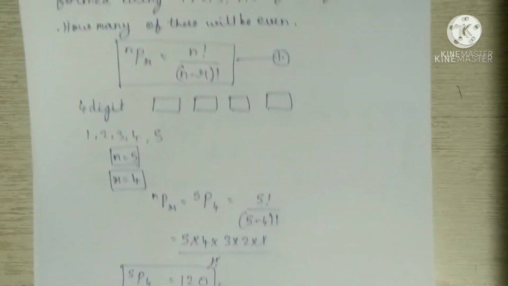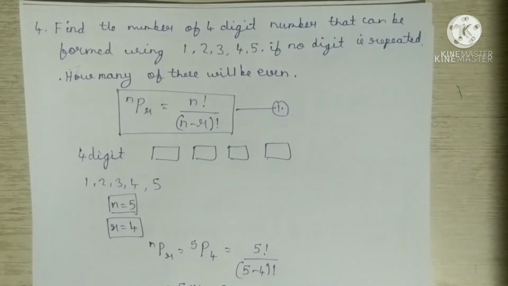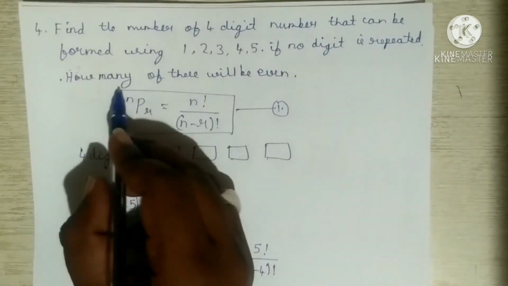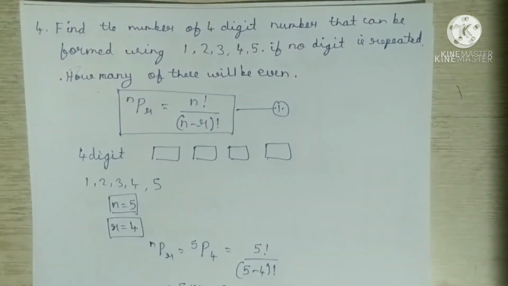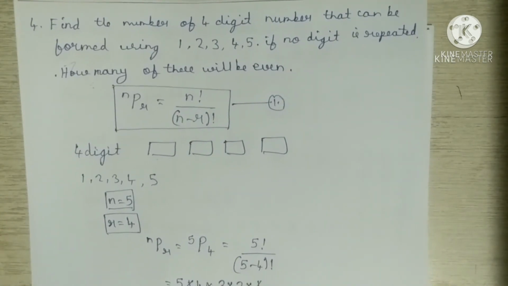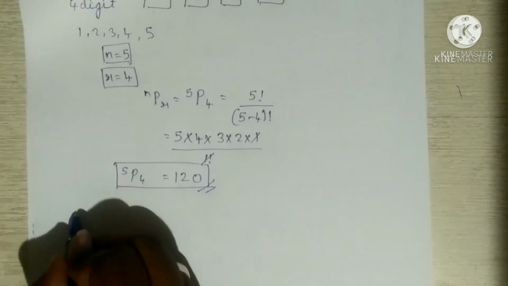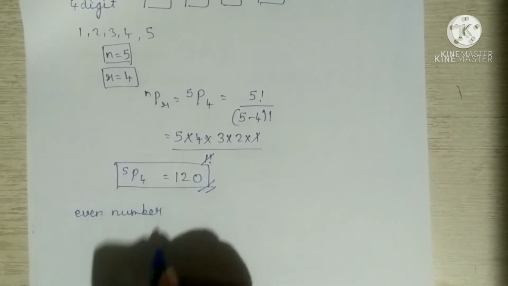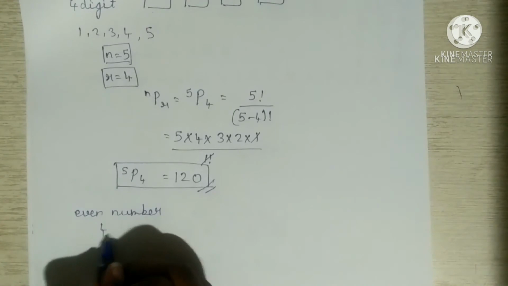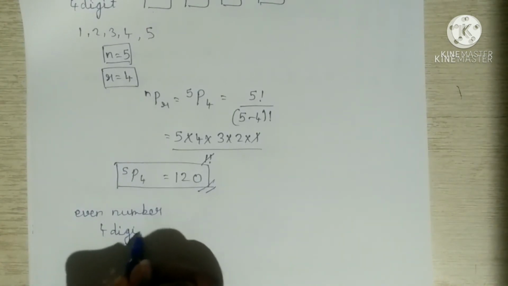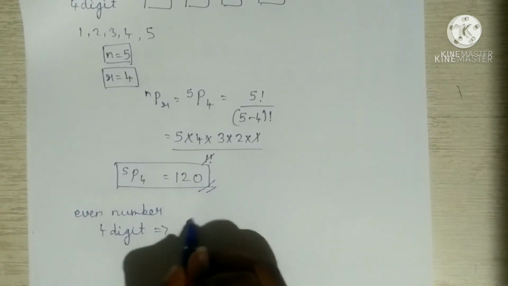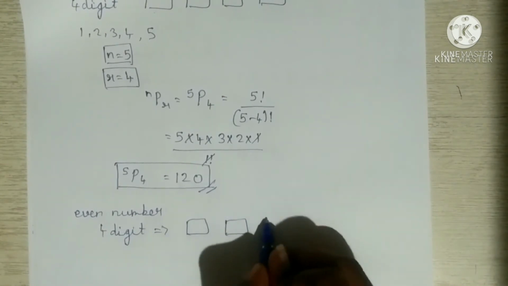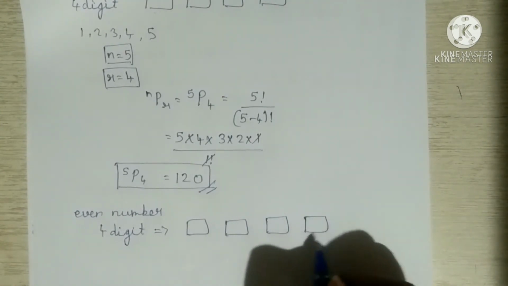Okay, and in the same question they have asked how many of these will be even. Even numbers means the 4th digit, which is 1, 2, 3, 4.